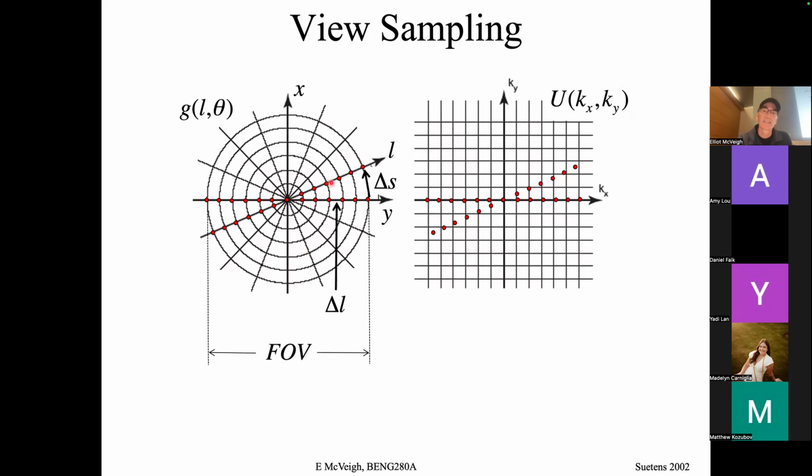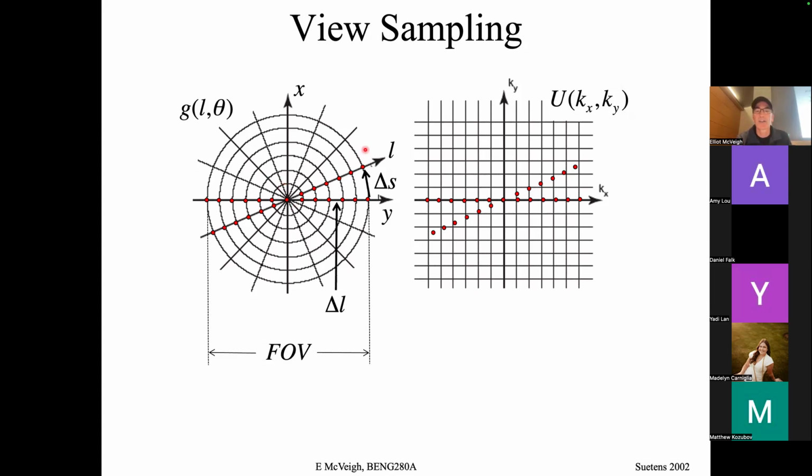It's interesting in CT: if you put an object close to the center, you really oversample it in the theta direction. You get a ton of views of that thing with very little change, and so the image quality at that location will be better. You've just sampled it more.